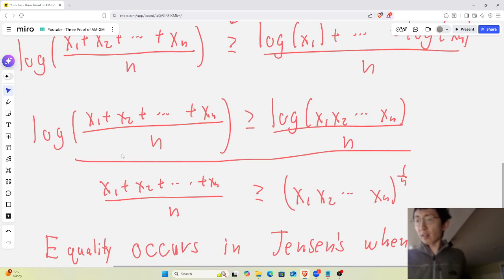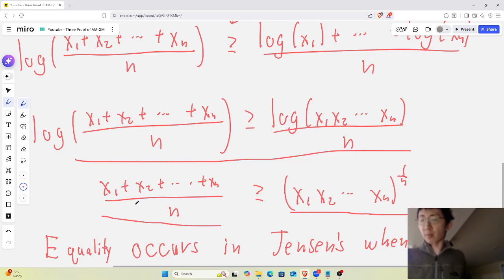Finally, taking e to both sides and using the property of logs that log of a all over b is the bth root of a, this is the nth root of the product, and the left-hand side becomes the average of the xi's.